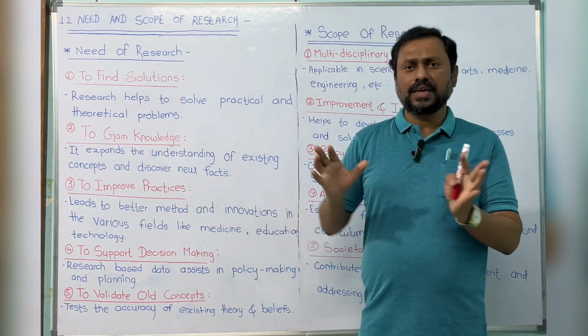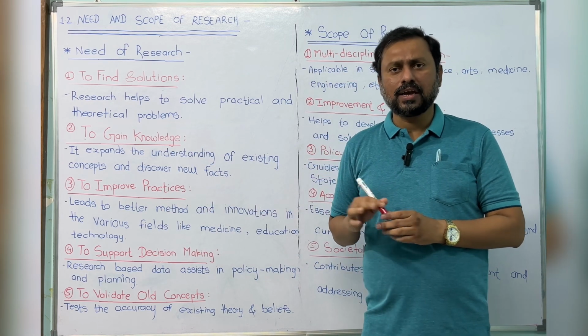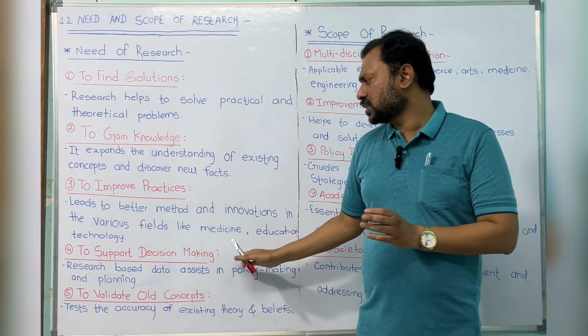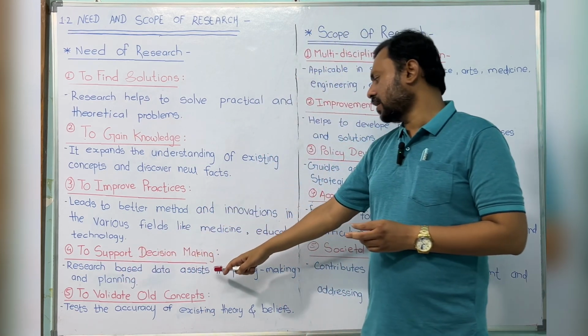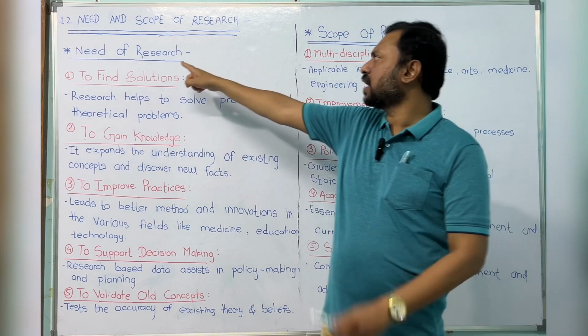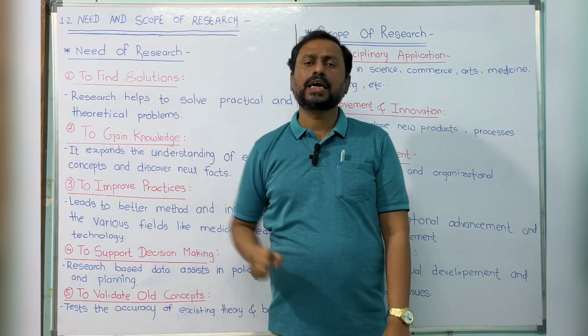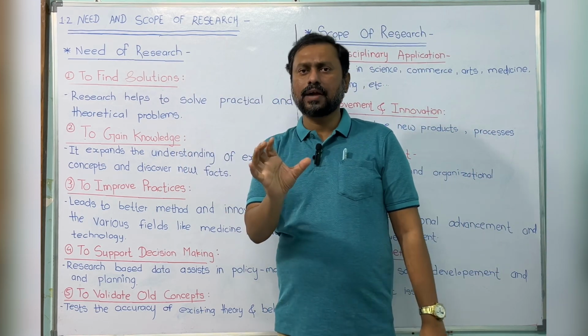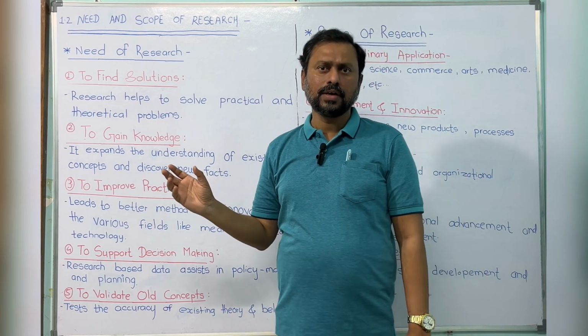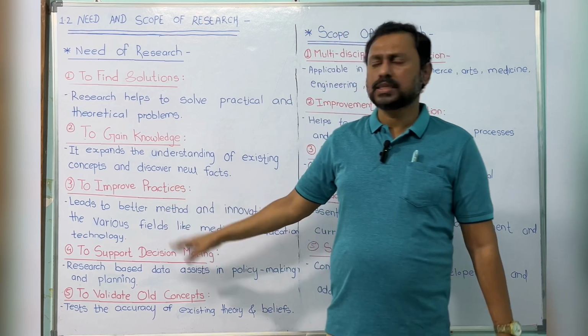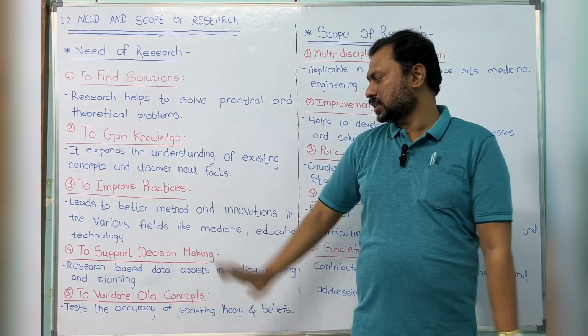The government and the Ayush Mantralaya are planning, and for decision making also research is necessary. Through research we can collect the data, and by the data the government implements policies. This is the need for decision making.